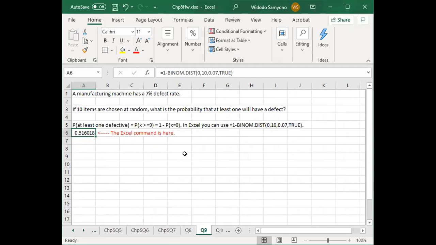So you can see here, if you have 7% defect, you need to put 0.07, right? And how many is the total? Total 10 items, so you put 10 here, and at least one, so you put 0 here. So this is like this, for the probability of at least one, or greater than or equal to 1.